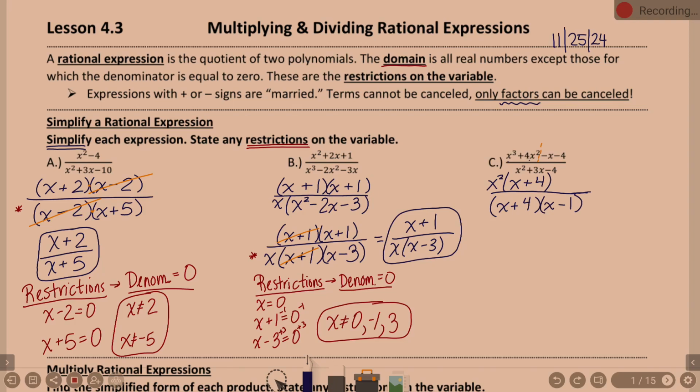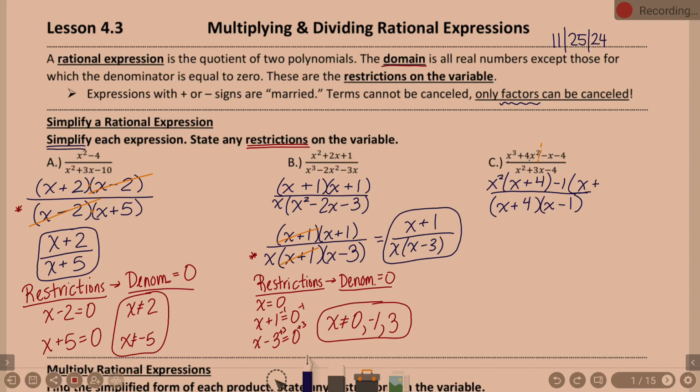What do minus x and minus 4 have in common? Negative 1. They're both negative, yes? And anytime the first term is negative, I'm going to say factor out negative. So I'm going to put a minus 1 there, and we're going to factor out. Negative x divided by negative 1 is positive x. Negative 4 divided by negative 1 is 4.